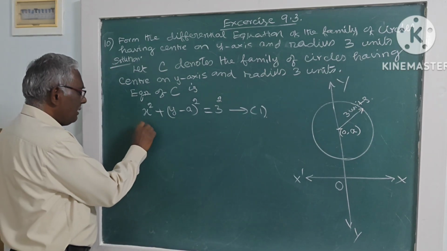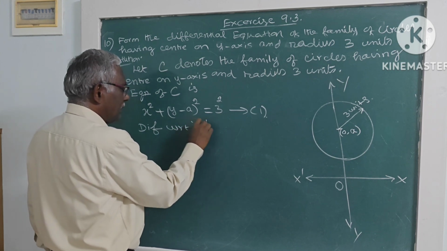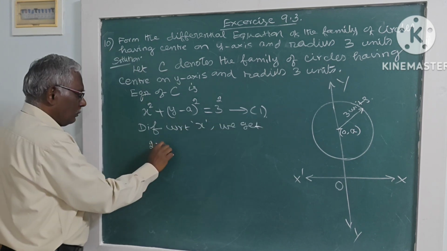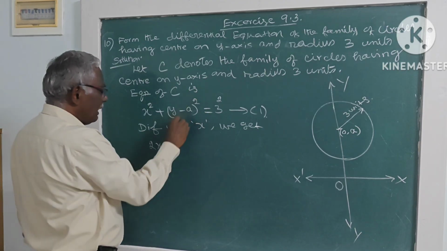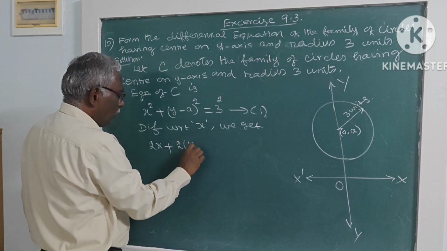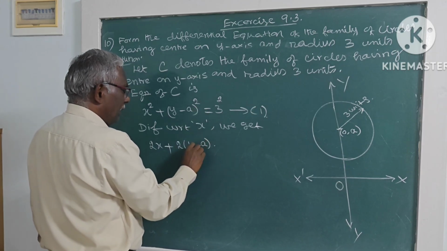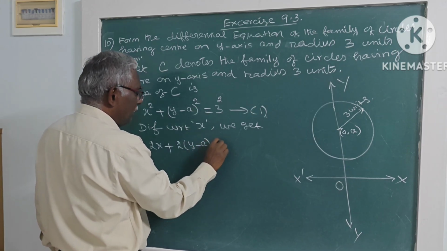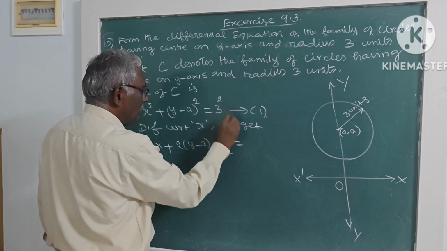So differentiate with respect to x, we get 2 times y minus a power 2 minus 1. Again, if we differentiate this, dy by dx is equal to 0.